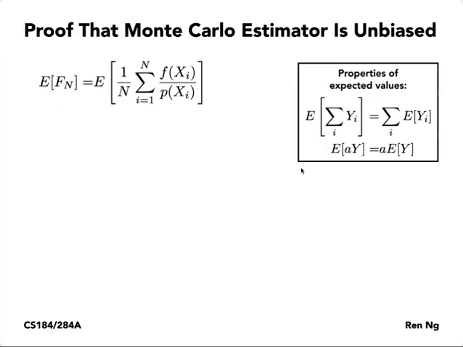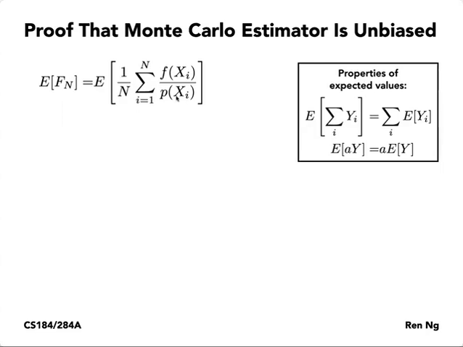The second property is that the expected value of some random variable Y multiplied by a scalar value, where a here is some scalar, is equal to a times the expected value of Y. So a scalar value can move outside or into an expected value. We're going to apply these in this proof. It's going to go pretty swiftly. Okay, so let's take a look.